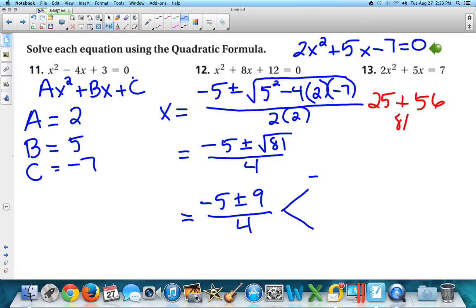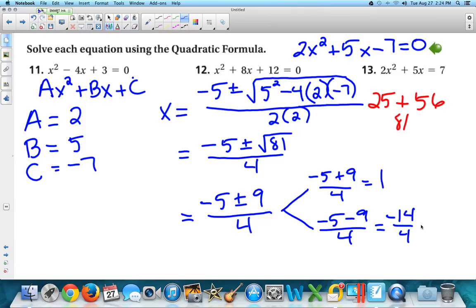Negative 5 plus 9, all that divided by 4, and negative 5 minus 9, all that divided by 4. Negative 5 plus 9 is 4, 4 divided by 4 is 1. Negative 5 minus 9 is negative 14, so I get negative 14 over 4. 4 doesn't go into that evenly, so I'll simplify, and that gets me negative 7 over 2. So the two solutions to this quadratic equation are 1 and negative 7 over 2.